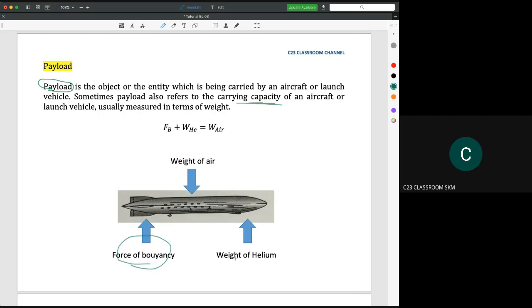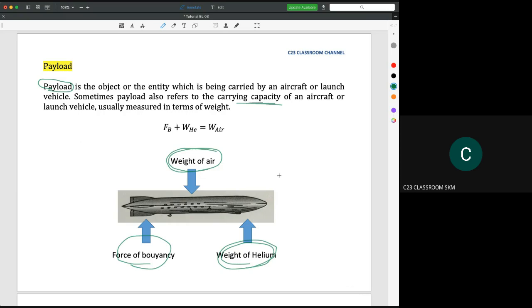In a normal situation, this balloon will go up because of the helium, but it needs to be subtracted with the weight of air, because if we fill the balloon with only air, it cannot go up. So the mass of air is one of the burdens in this situation.